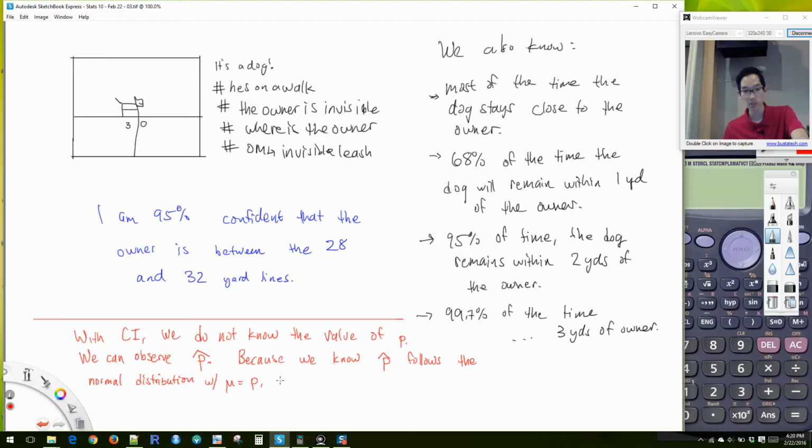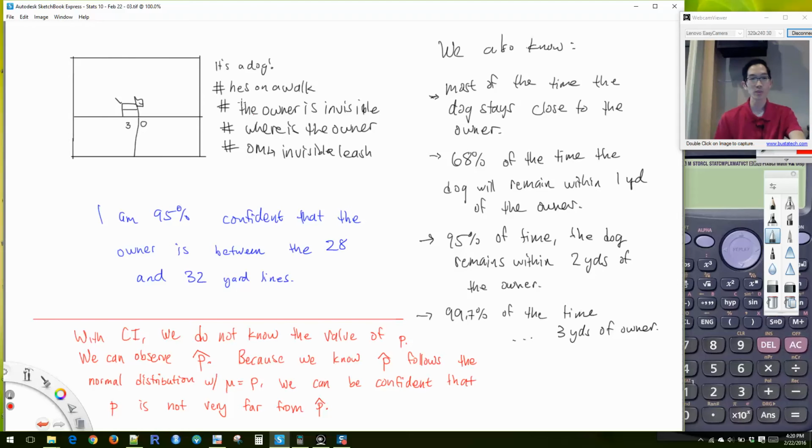Because we know this, we can be confident that p, the population proportion, is not very far from p hat. Okay?